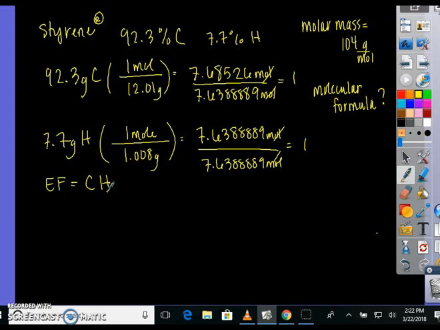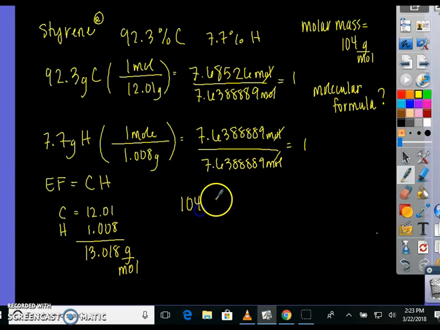All right, so first things first, we need to calculate the empirical formula mass, and of course it's 12.01 plus 1.008, and we get 13.018 grams per mole. Okay? Now, I'm going to take 104 grams per mole and put the larger number on top and the smaller number on the bottom because I need a whole number.